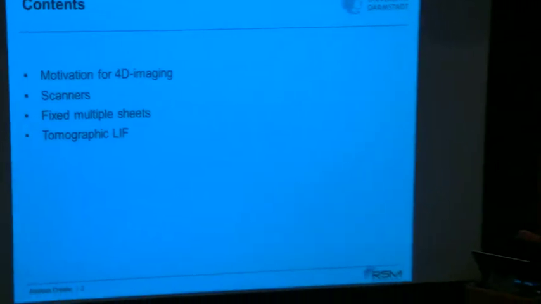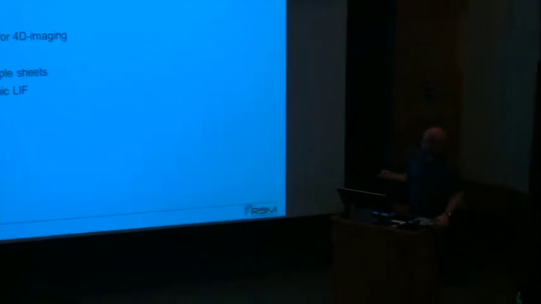Then we will see how you can achieve that, either by scanning devices or by multiple sheets, or going to a tomographic approach, which will be exemplified here for laser-induced fluorescence. And that is a very recent development, this tomographic LIF, where first demonstrations have been published in the last symposium.